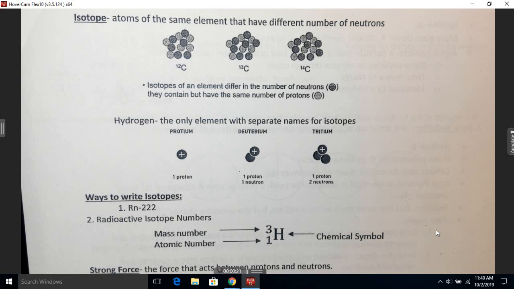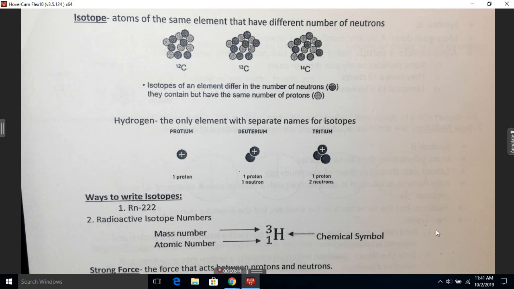How do you know the number of protons in an atom? The atomic number. Okay. Where do we find that? The top number in the box on the periodic table, right?